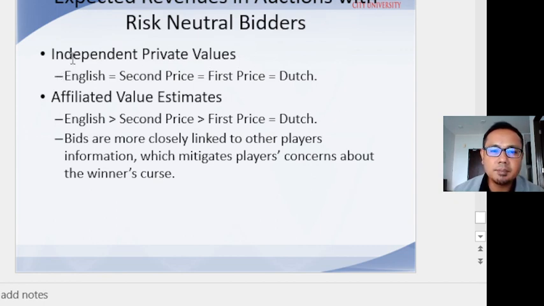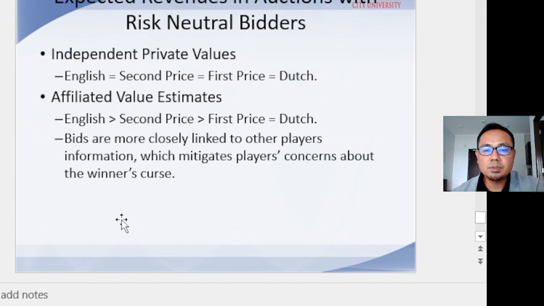So in independent private values, whatever type of bidding, the expected revenue should be equal. But in affiliated value estimates, English is normally bigger than second price, the second price is bigger than first price, and first price is equal to Dutch.